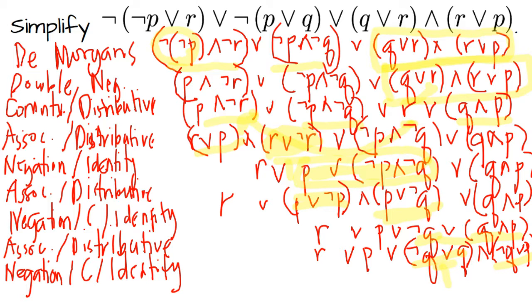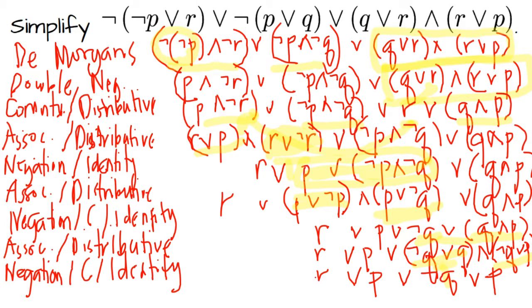So we will have, what's left now will be R or P, or so this will be true. By identity, what will be left now will be not of Q or P. But we have two P variables here.